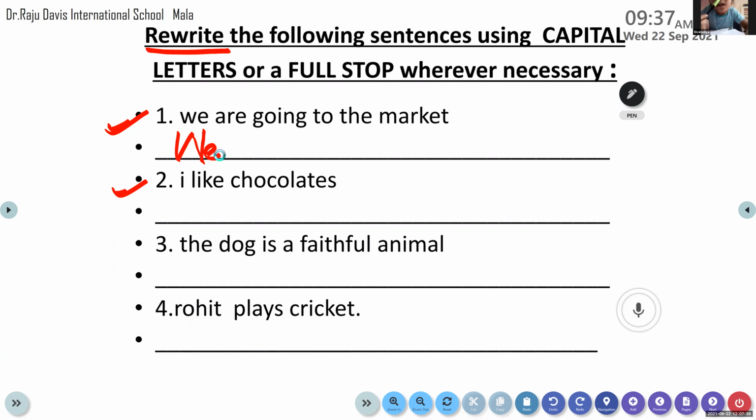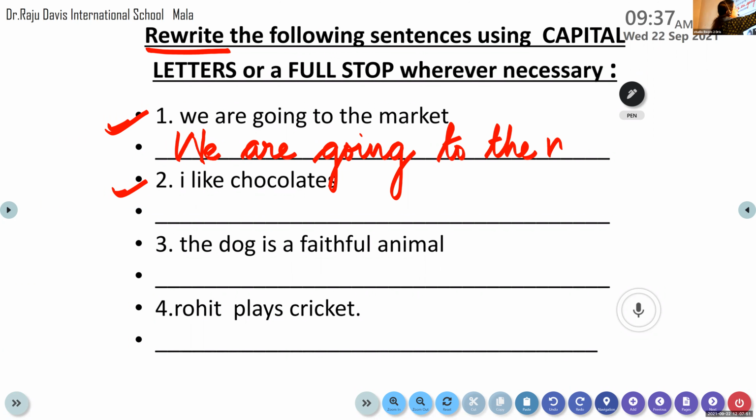Begin the sentence with a capital letter. We are going to the market. And at the end of the sentence, what should we do? Full stop. If your answer is right, put a tick mark against it.